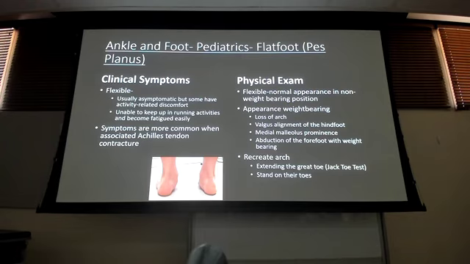On a physical exam, what's important is that when they're weight bearing, they're going to have that loss of arch, so they'll have flat foot. But if they're non-weight bearing and you notice that they have a return of that arch, that's going to be our flexible flat foot, and that's a key differentiator to pay attention to on these. So, if they're standing up, they get a loss of arch, they may have that valgus alignment.